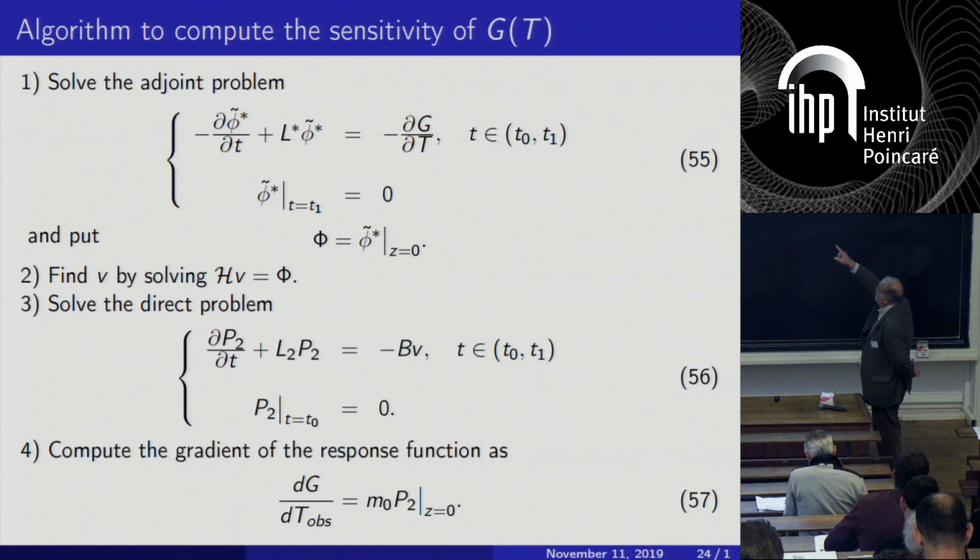Then we need to solve HV is equal to phi with this capital Phi given by the first equation. Then we need to solve the equation with the second adjoint variable with an initial condition. Then from P2, we determine the sensitivity, which depends on P2 on the sea surface.